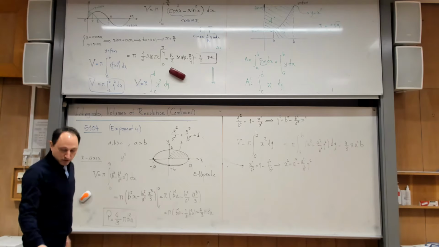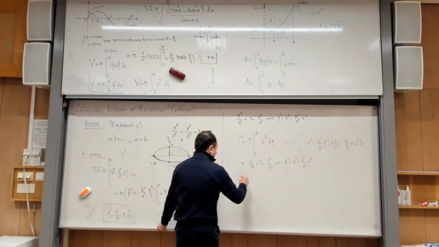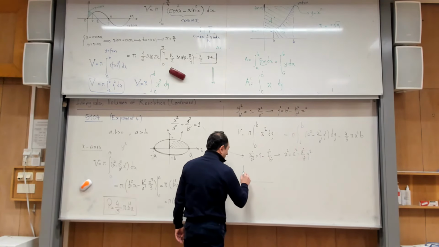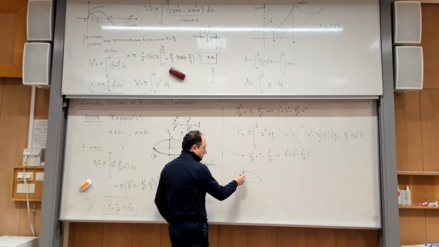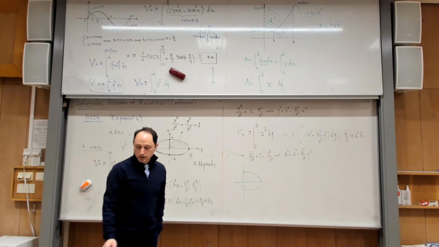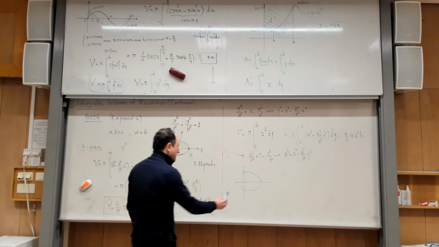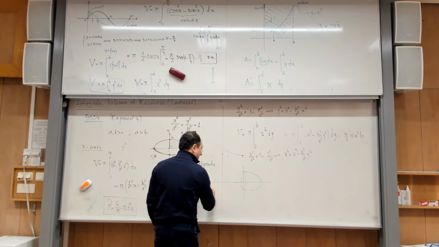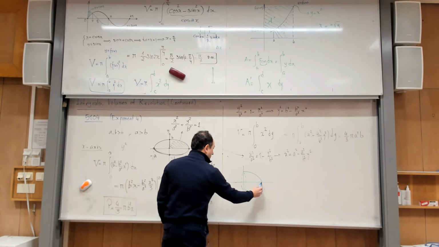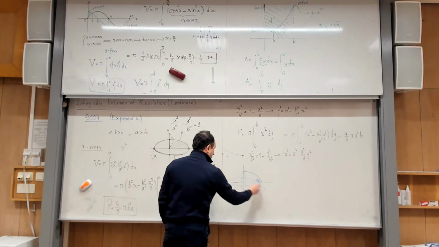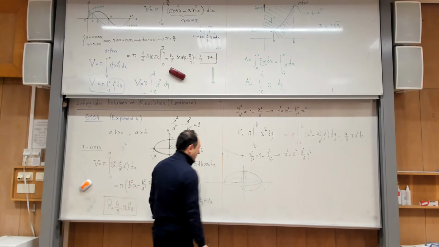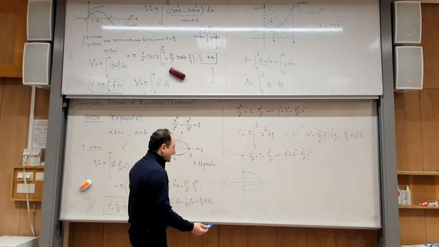So we can imagine it like this. You see? Yes, you are right. So when I do this, assume that I have only this one, and I start rotating it. It will give me this. But now if I start rotating it in this direction, what it will give me is this one. And that's exactly the reason.